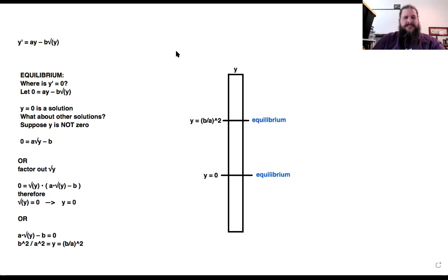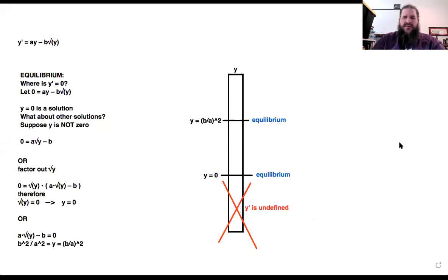It can't be below 0, right? Yeah, we've got this square root of y, so negative values for y don't work. So we can actually ignore everything below 0 because that's undefined anyway. So I'm just going to cross out everything below 0 and say that in this region, y prime is undefined. So we're not even going to consider that region.